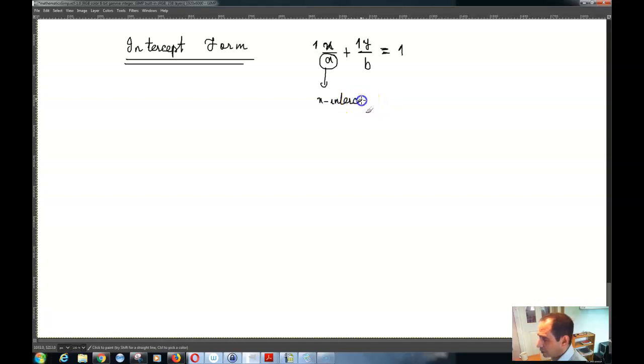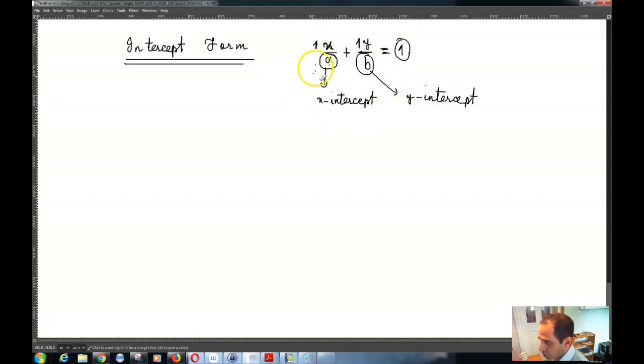The number you find here is your x-intercept, and the number you find down here is your y-intercept. Of course, the coefficients have to be 1, and this number must be 1. Otherwise, you would not be allowed to conclude that these numbers are your x and y intercepts.